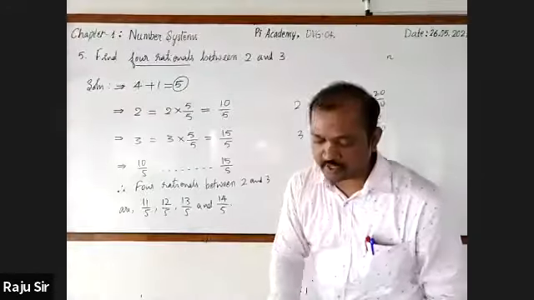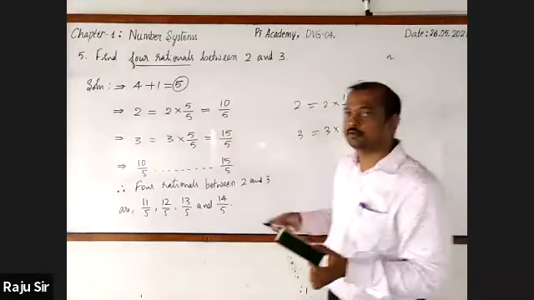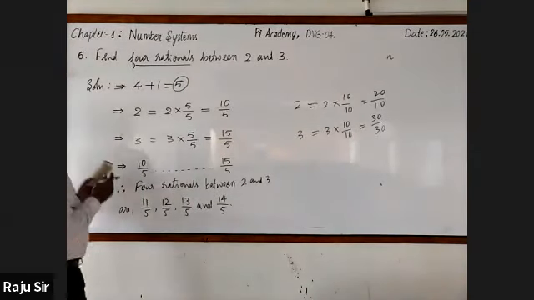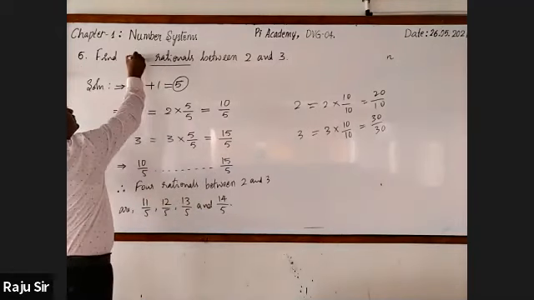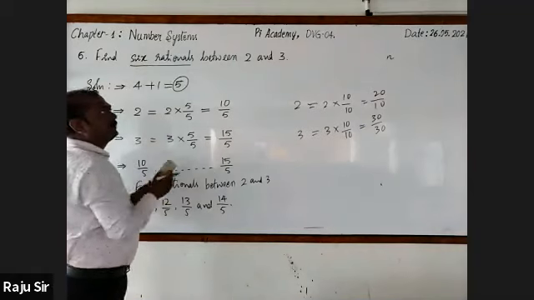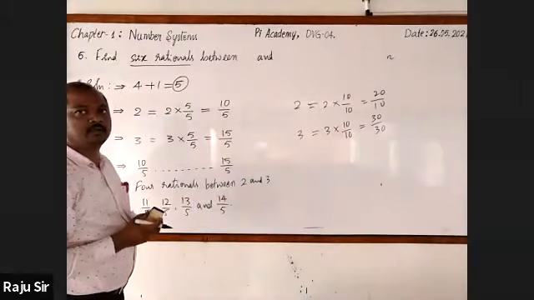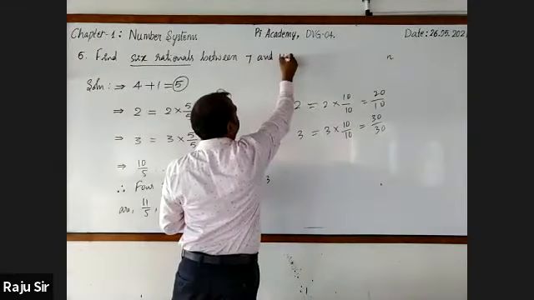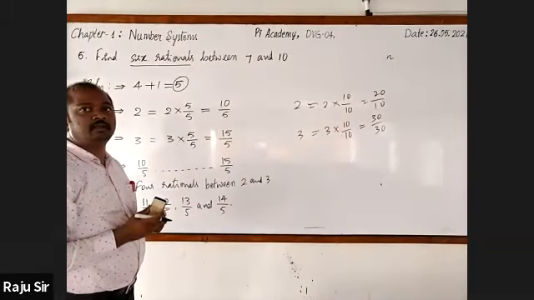Let me take another one. 6th one. Find 6 rationals between 7 and 10.